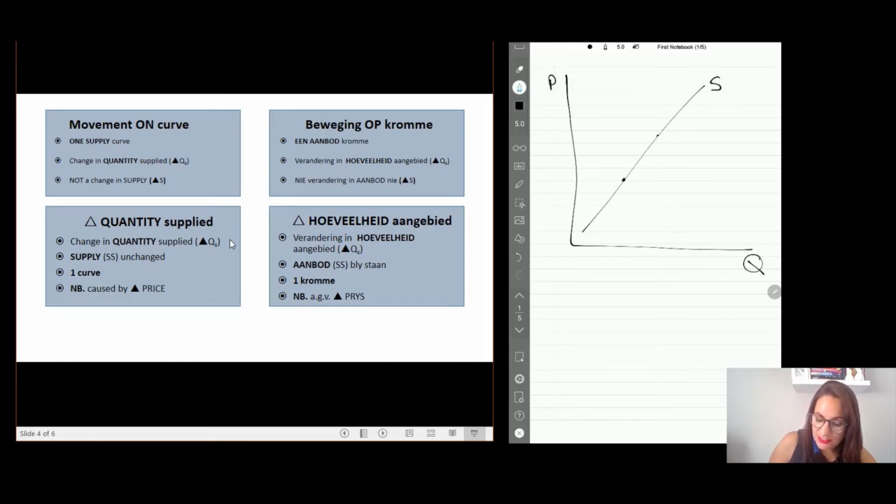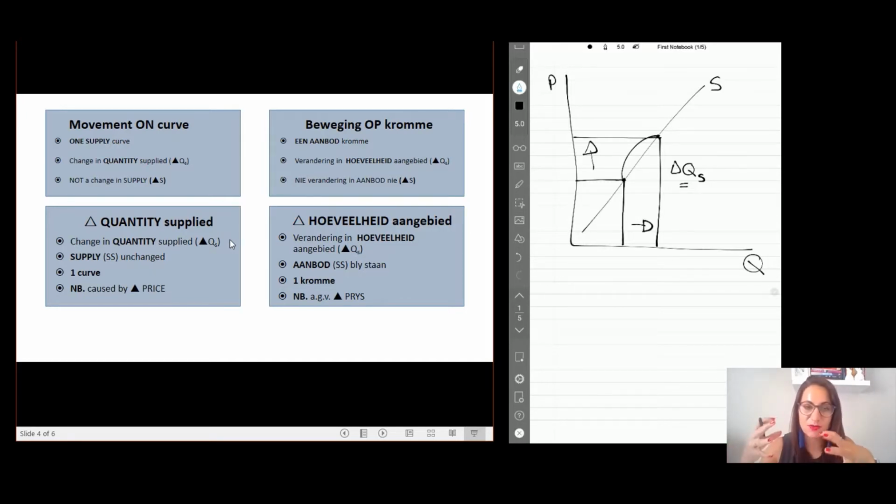If there is a change in price, it means that there is a movement on the curve. It means then there is a change in quantity supplied. So as a result of an increase in prices, there will be an increase in quantity supplied. Because the higher the price, the more of a certain product or service producers want to sell, because they will make more money.